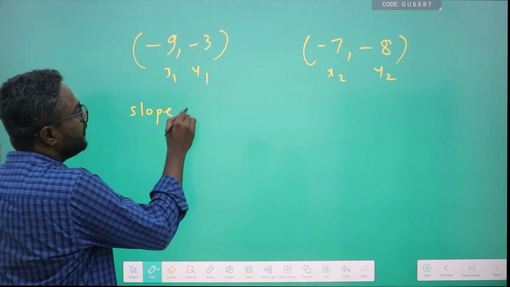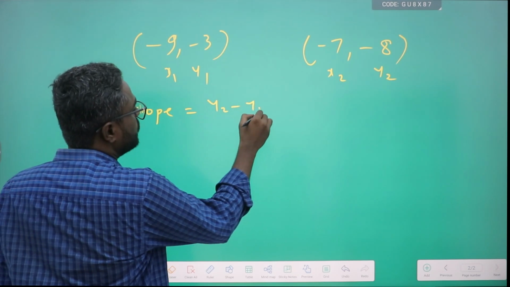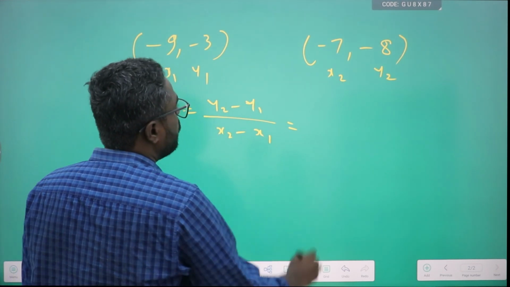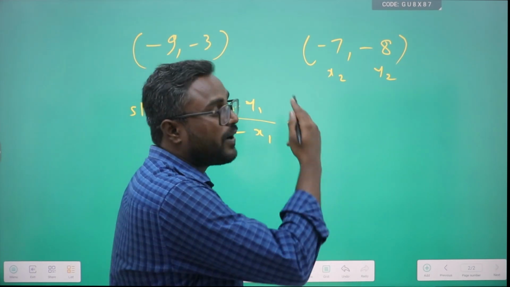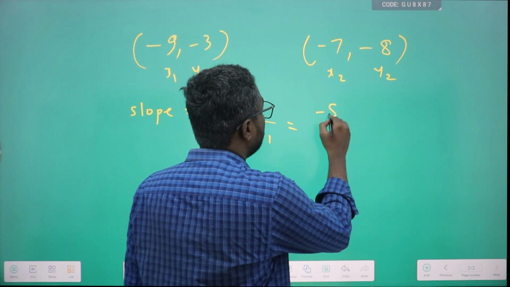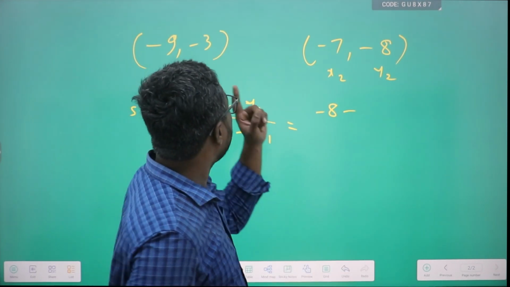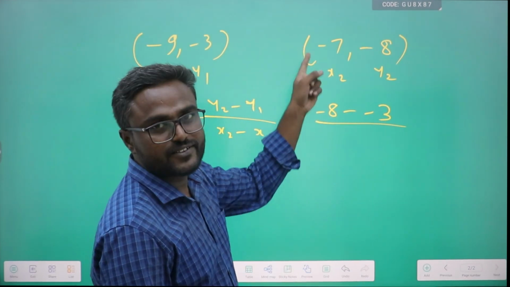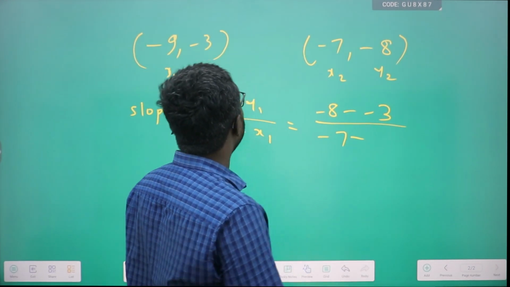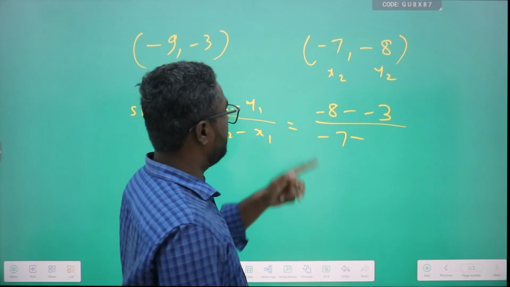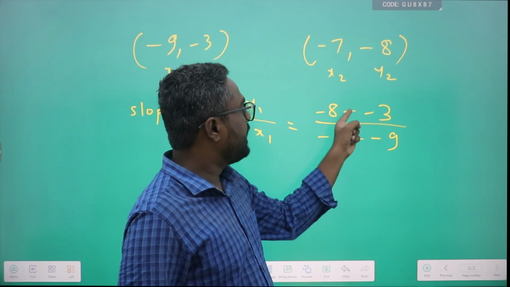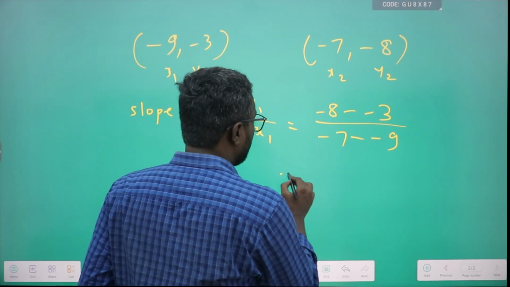Slope is equal to y2 minus y1 over x2 minus x1. So what is y2? y2 is negative 8 minus, what is y1? Negative 3. What is x2? Negative 7 minus, what is x1? Negative 9. So if you can see, guys, the double negative will become positive. So what do we get?